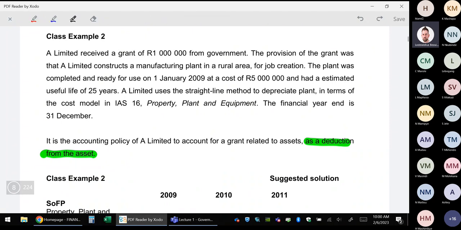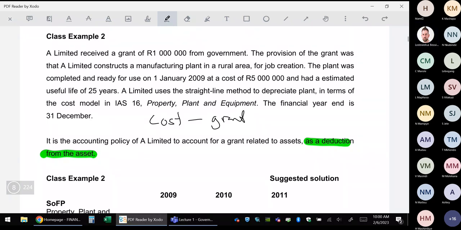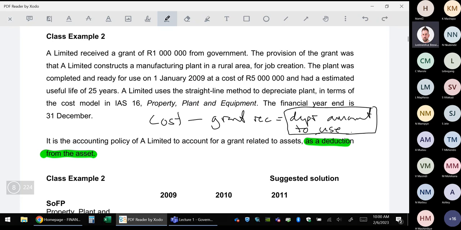So now we're going to say cost less the grant received. And that gives us the depreciable amount to use. And that is the difference between the two.